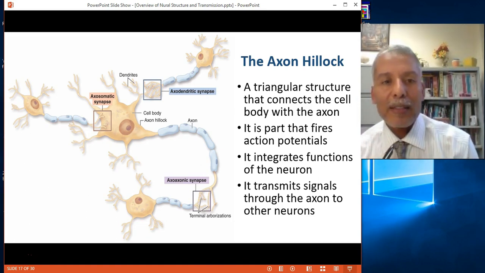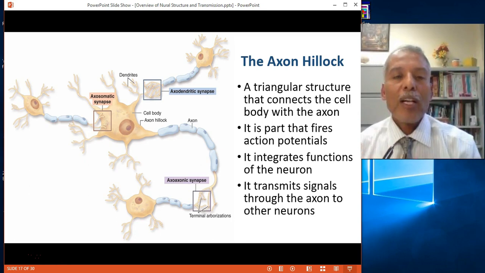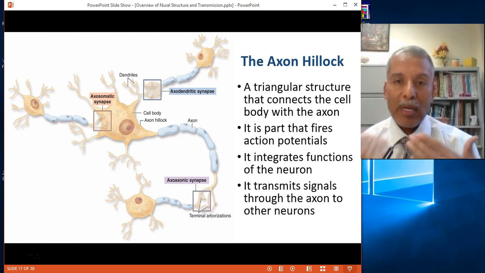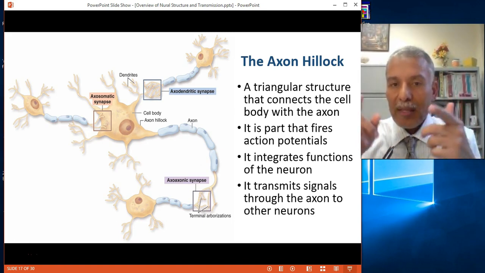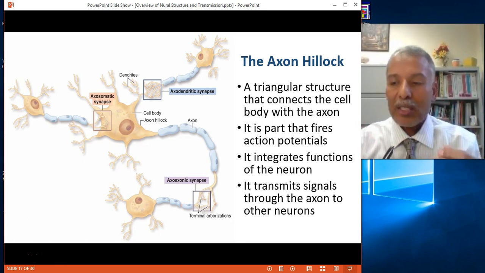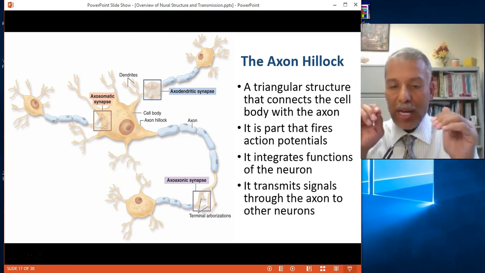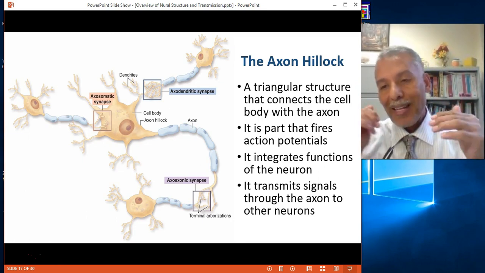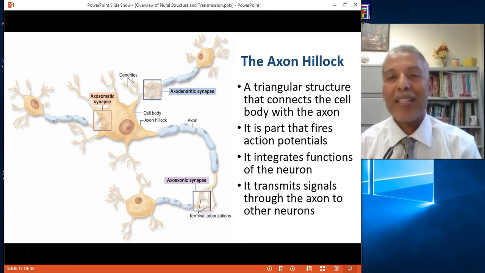Some are excitatory, saying, go fire. So how does it decide? In addition, when we speak about action potentials, there are some little messages called graded potentials, like little energy bringing some message, but they are not strong enough. They might die down before they reach the axon hillock.